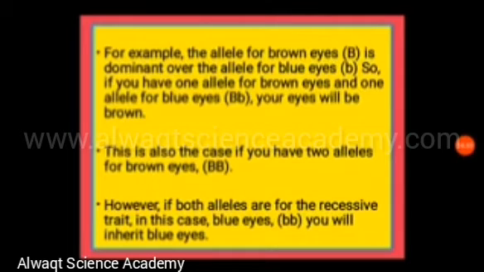So if an individual has inherited the allele for blue eye from one parent and the allele for brown eye from the other parent, the allele for brown eye is always dominant over that of the blue eye color. So the offspring is going to have brown eyes.